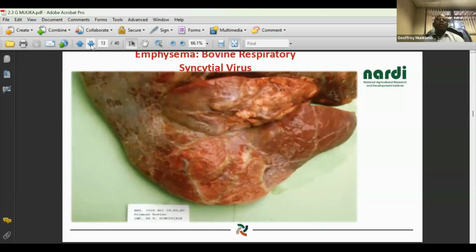You can see this type of lesions. Also, on my extreme right, where you've got emphysema, you've got air that is accumulated there. But if you look at the central part, you see there's a bit of reaction there, and if you are not very careful, you might misdiagnose it for another disease.